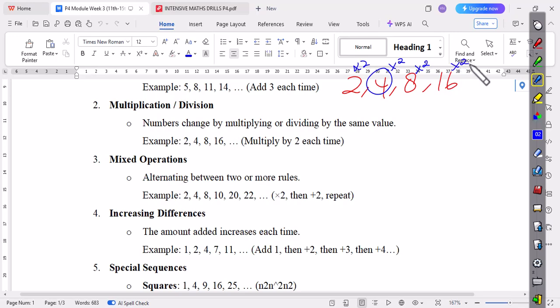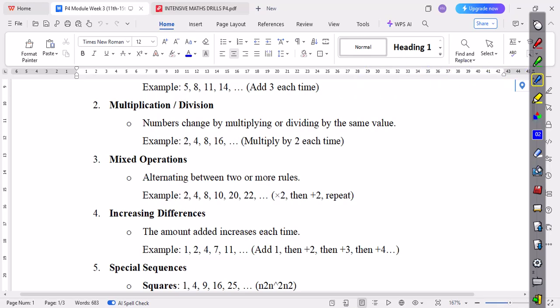So in the next number, if they ask for the next number, we got 32 because we times it by 2, and we got 64. Okay, so this is how to find the next number of the pattern by using the multiplication pattern. And the division is just the same as well.